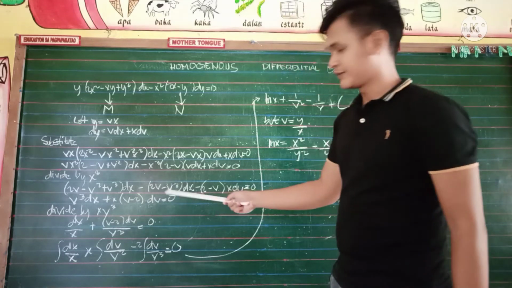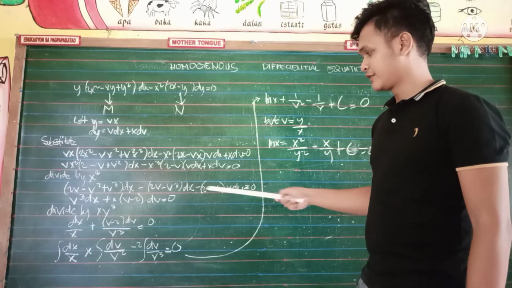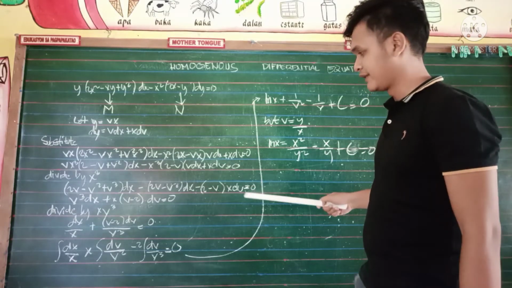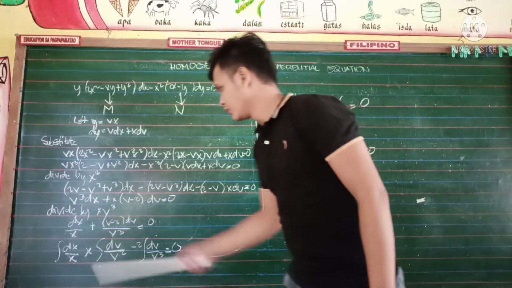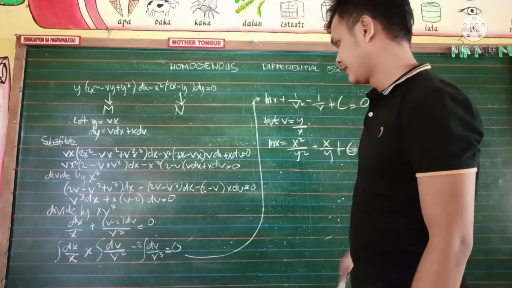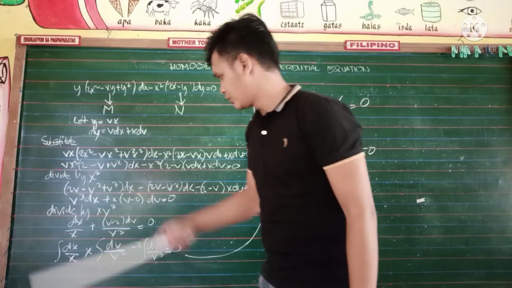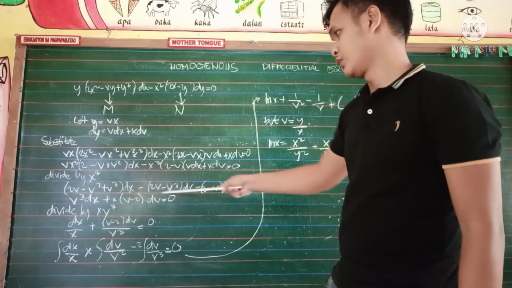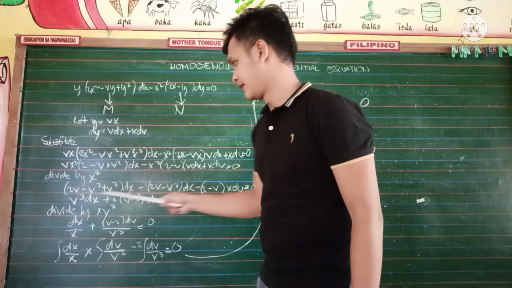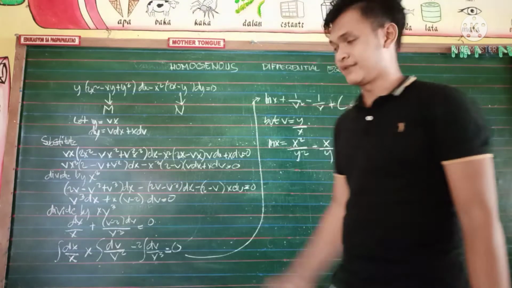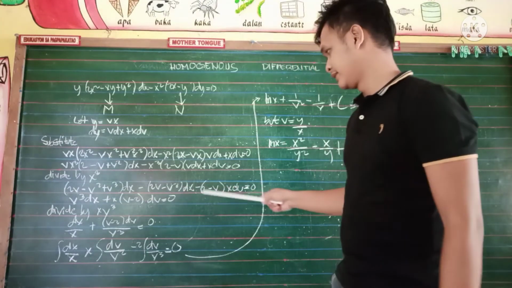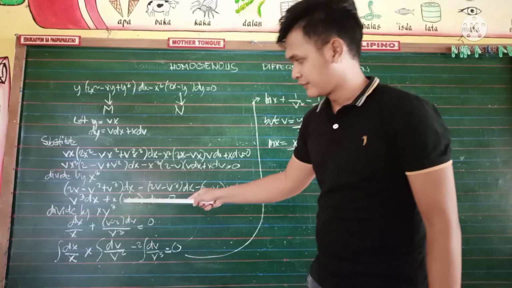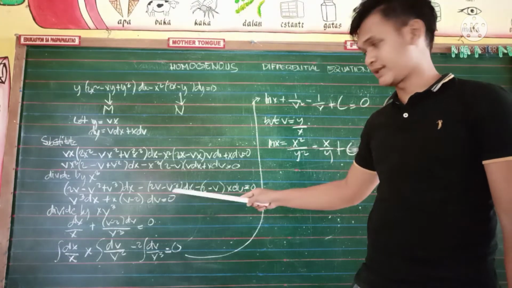And (2v minus v squared) dx minus (2 minus v) x dv is equal to 0. So combine, add the same values. Here, this is the same, so cancel this. The remaining is v cubed dx plus x (v minus 2) dv is equal to 0.